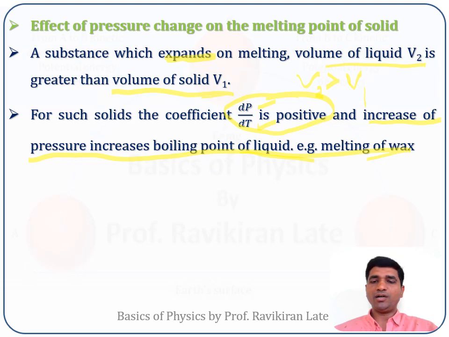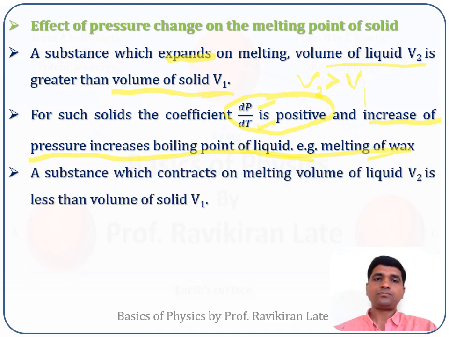For example, the melting of wax. When wax melts from the solid phase to the liquid phase, the volume of the resultant liquid is greater than the volume of the solid. For such materials, the application of pressure will increase the melting point of the given solid.